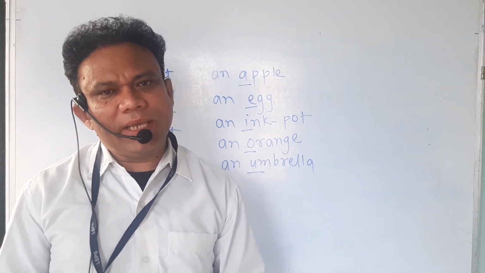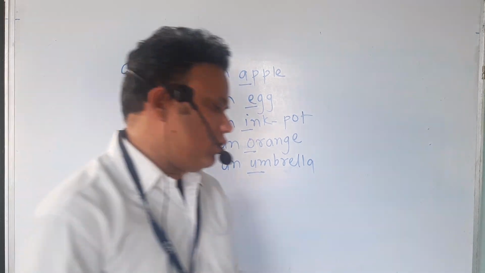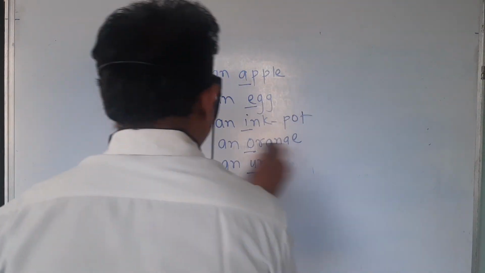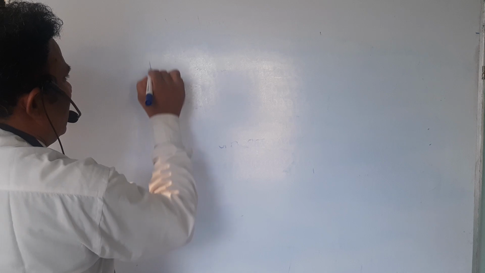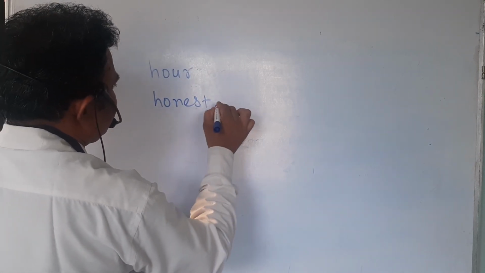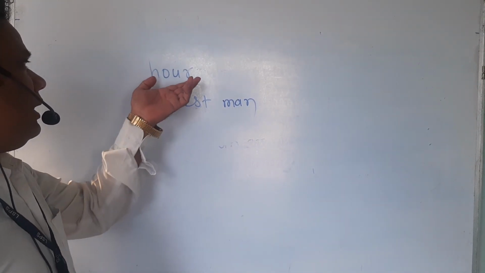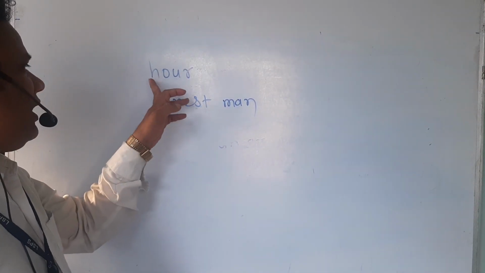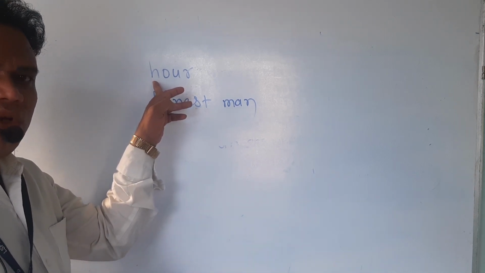But there are some exceptions to these rules, so I'll explain those exceptions also. Now see these words: an hour, an honest man. The word hour starts with H. Actually, as per the rule, H is a consonant.